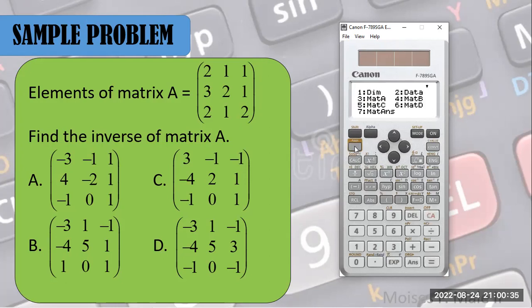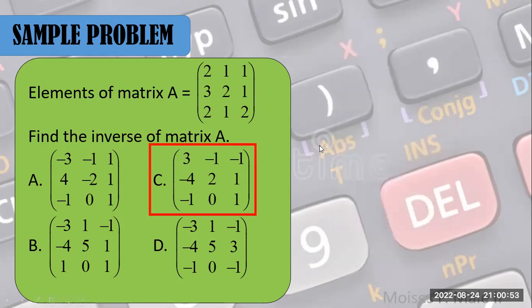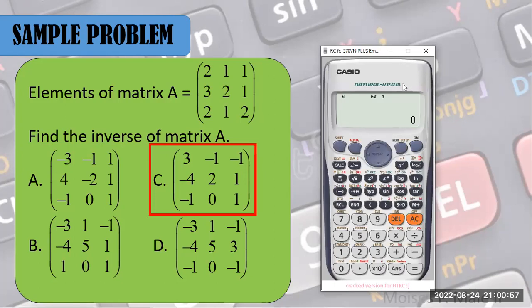Tapos, napin si matrix A. Tapos, ito, reciprocal. Okay. Then, you will have 3, negative 1, negative 1, negative 4, 2, 1, negative 1, 0, 1. So, the correct answer is letter C. Okay. So, okay lang. No? Kayang-kaya ito ni Casio din.